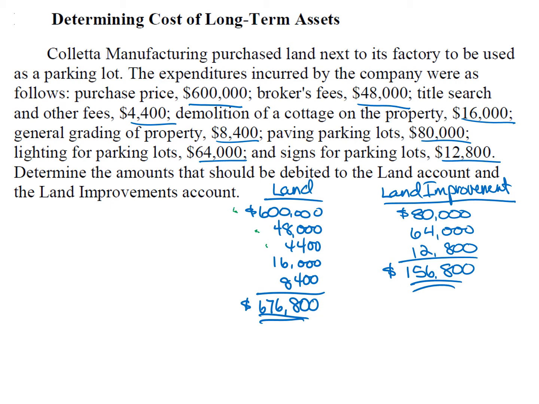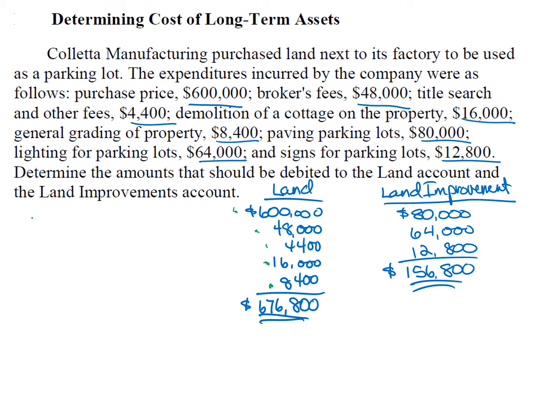And the demolition of a cottage that's on the property, which you needed to clear the land in order to build the parking lot, is also included in the cost of the land because you're getting it ready to be used. And then the general grading of the property, 8400, since it's general grading and not grading specifically for the parking lot, is included in the cost of the land.